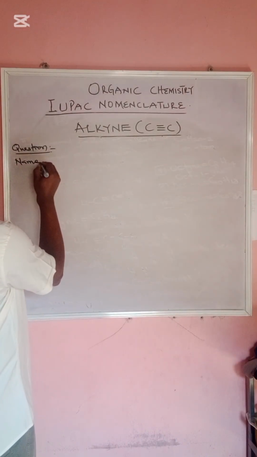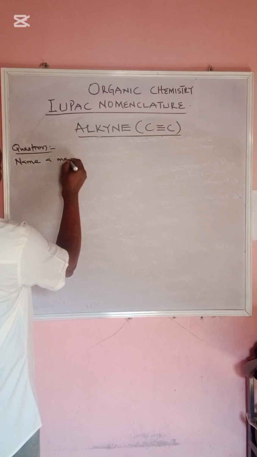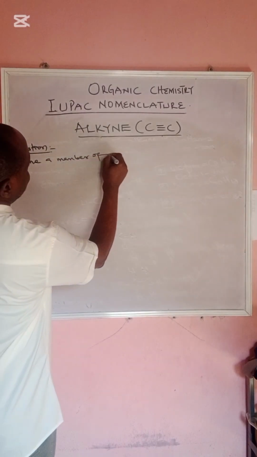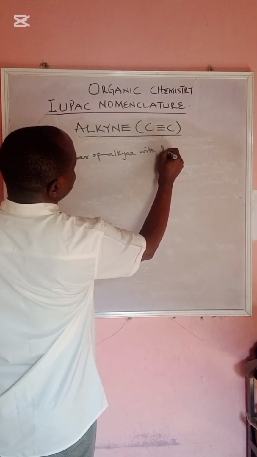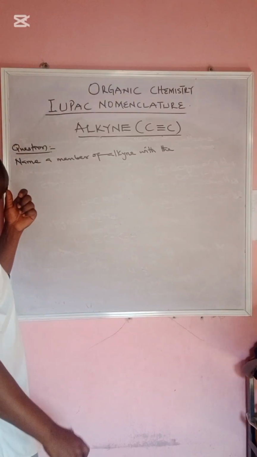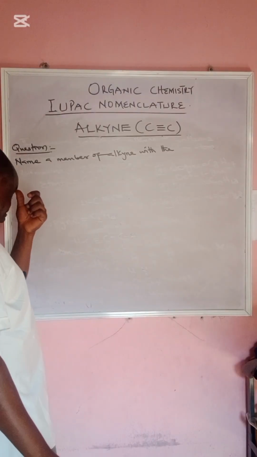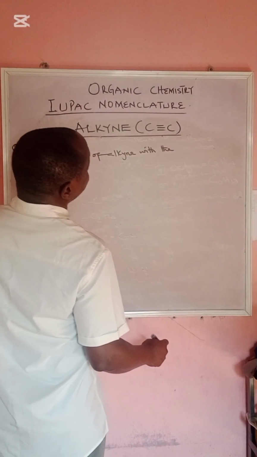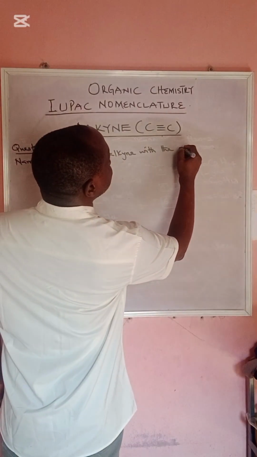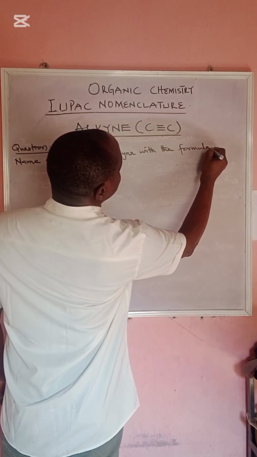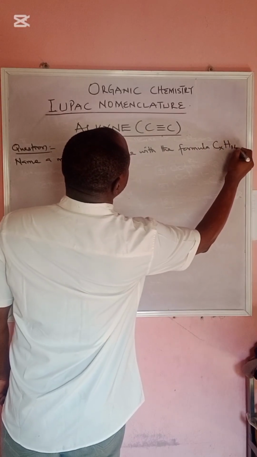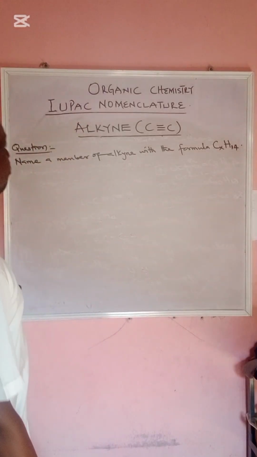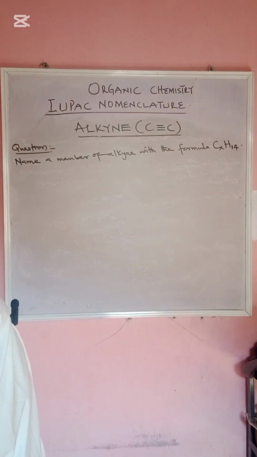Name a member of alkyne with the general formula CxH14.